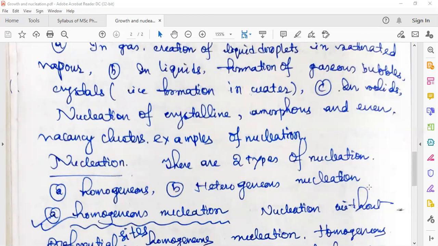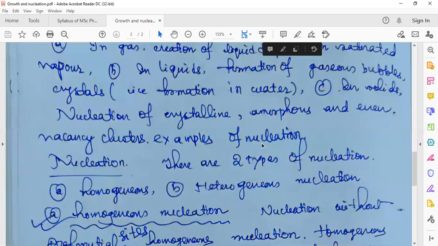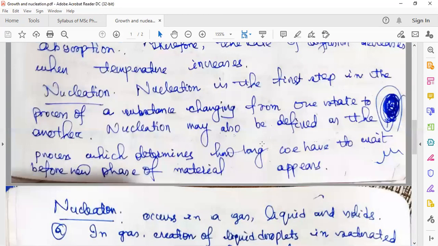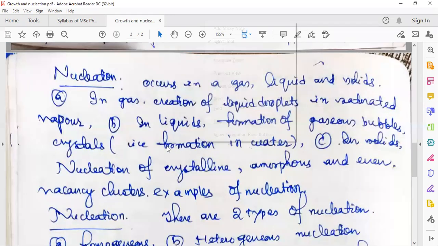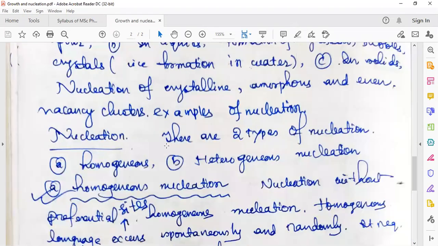Suppose you have some materials and from that you have to grow a particular crystal. Just at the beginning of the formation of this crystal, there is nucleation, so that we can get the new phase of the material. So basically that is nucleation and various examples of nucleation.